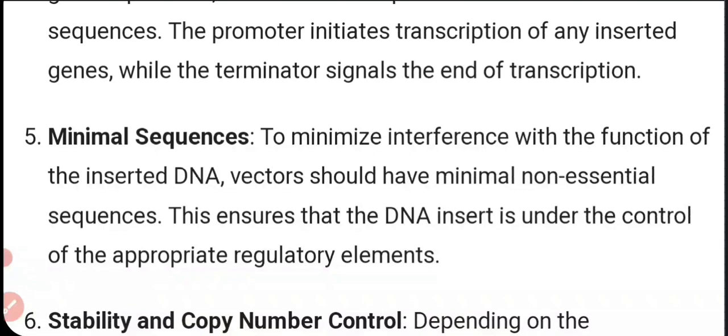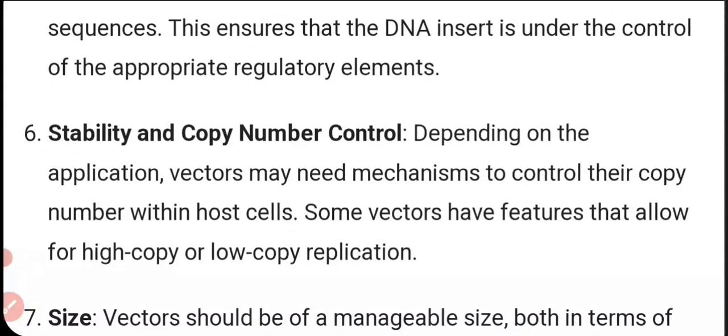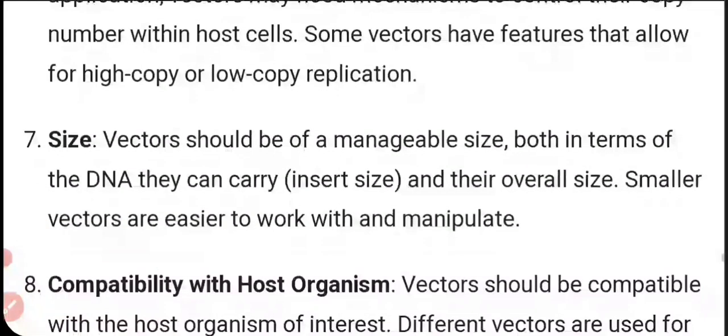Then stability and copy number control. Depending on the application, a vector may need a mechanism to control its copy number within the host cells. The vector should have a low copy number if it is an expression vector, and it should be stable inside the host cells. This is a good characteristic of typical vectors.